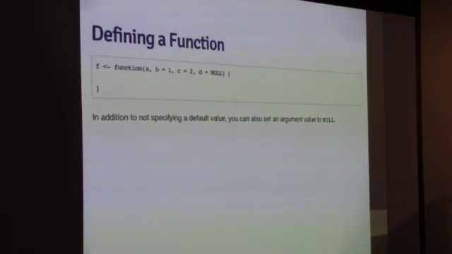Notice I didn't specify any value for c and d. So what happens now? Would this work or will it not work? If I say print z, what will I get? 10. Exactly.